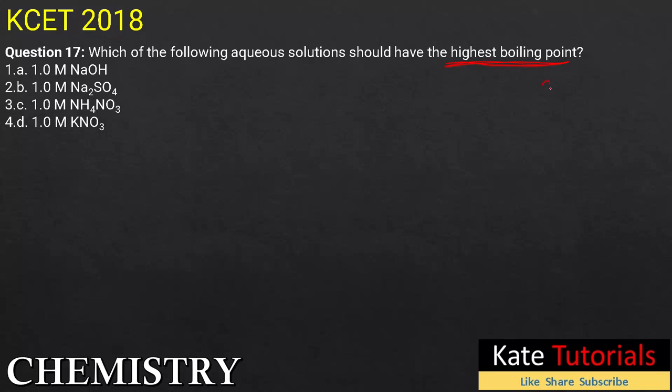In the chapter Solutions, you have studied about colligative properties. Colligative properties are the properties which depend upon the number of solute particles, not on the nature or size of the solute.